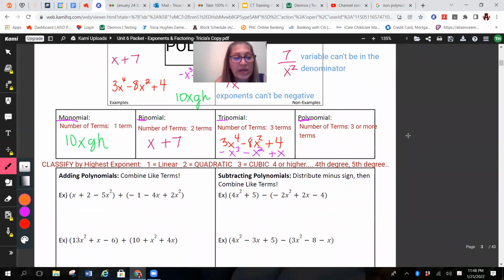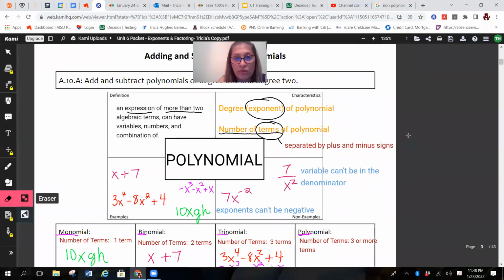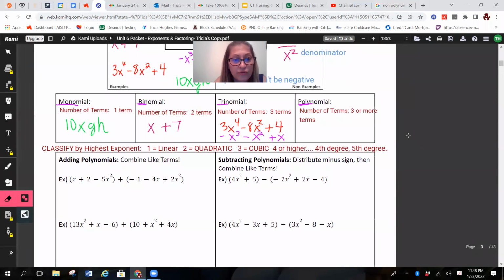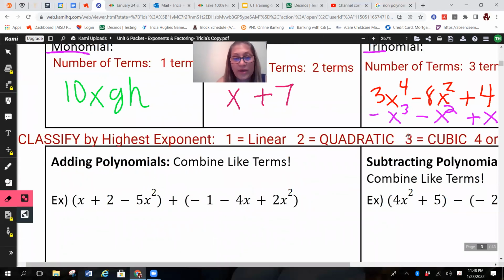All right, so we can classify polynomials by the exponent as well, as you saw right here. So for instance, you need to write this down. If the highest exponent is a 1, we would call that a linear polynomial.